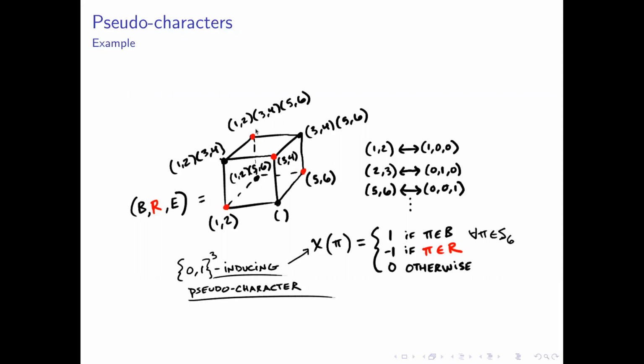I do a set subtraction here, I'm left with 5, 6. And same thing here, I'm left with 1, 2. And these are all disjoint. So that's what's meant by this first condition. This bijection preserves disjointness.